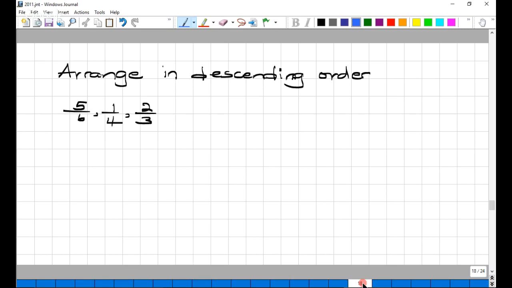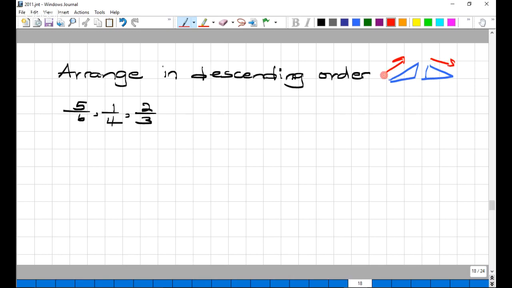Sally, are you ready now? Yes, sir. Okay, it says arrange in descending order. Now, descending order, what does that mean again? I'm going to draw two little things here, and you tell me which one is descending. Which one is this?